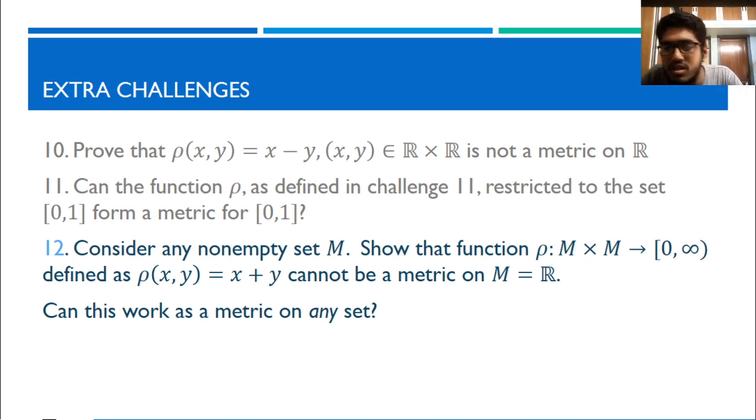Yes, Karpagam, if x and y are negatives, or whenever the magnitude of the negative number is greater than that of the positive one, it fails. Yes, that's one way. So on R it won't work. Yes, Shiny, rho of x comma x is not equal to 0 for all x.